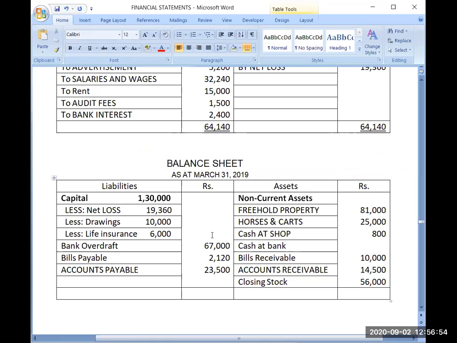So if you subtract these all from 1,30,000, then you will get 94,640. And your balance sheet total will come 1,87,300.